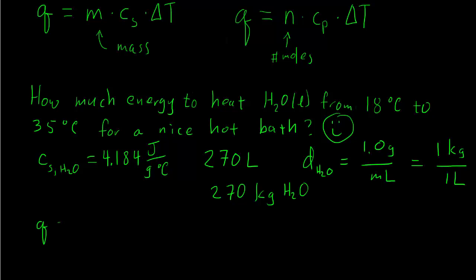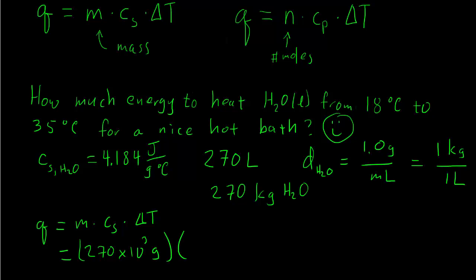So q is equal to m times c_s times delta T. So I know all of these pieces of information, so I can calculate the amount of heat. So mass, I need that in grams because my specific heat capacity is in grams. So that's going to be 270 times 10 to the third grams of water.